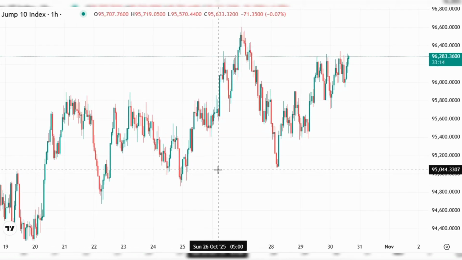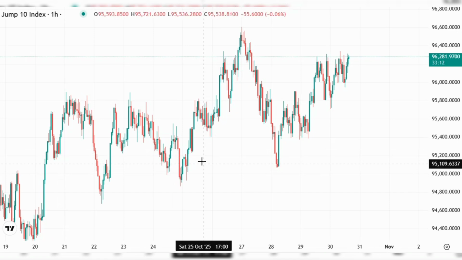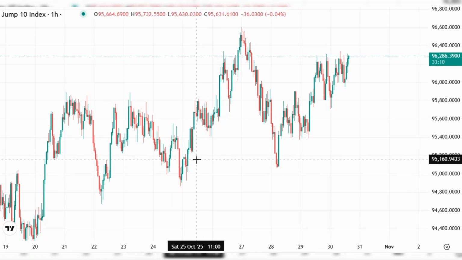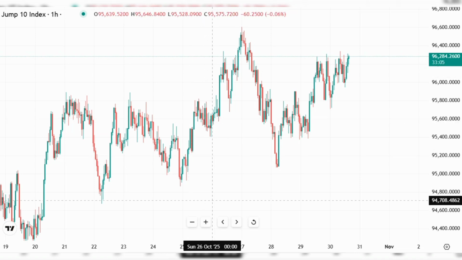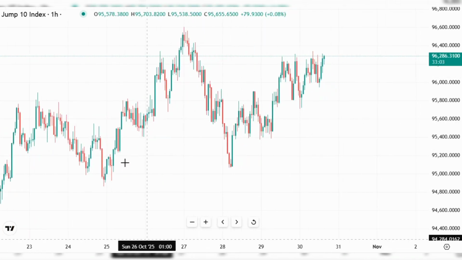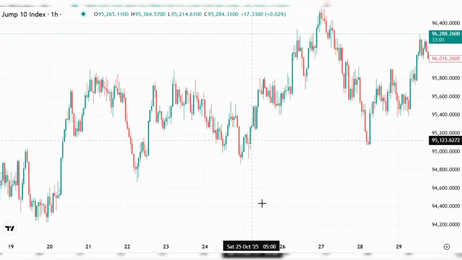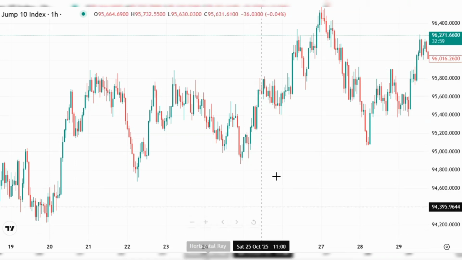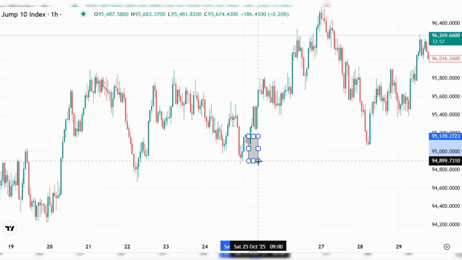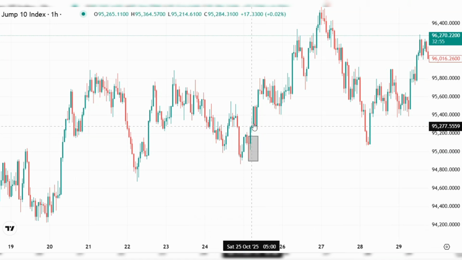If you want to highlight an order block, it simply means where you see a particular opposing candle before a sudden push upward. For example, here, if you look at this particular zone, you will see that there's a red candle. This red candle was the only candle before we start seeing this huge bullish movement upward.